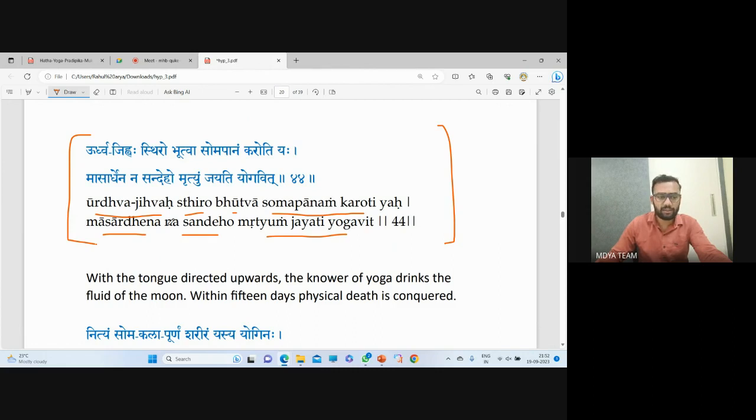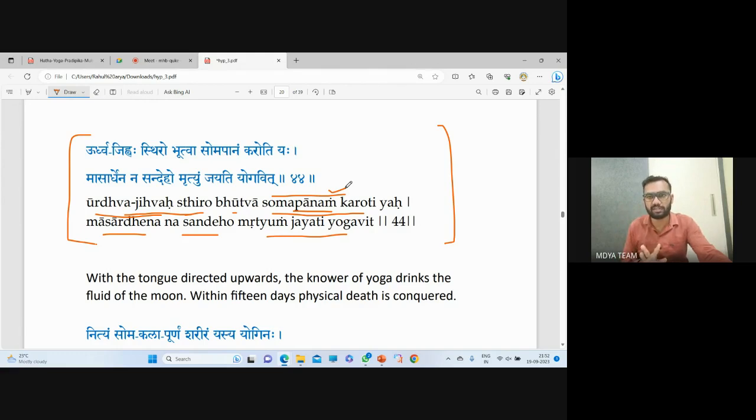It is Urdhva Jivha. It means the practicing of Khechari Mudra. Somapanam: it means the tongue is touching the Vyom Chakra and receiving many kinds of taste from the nasal region.